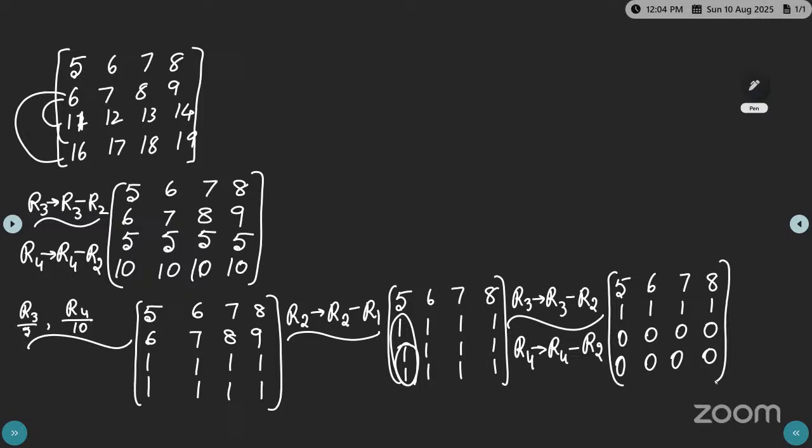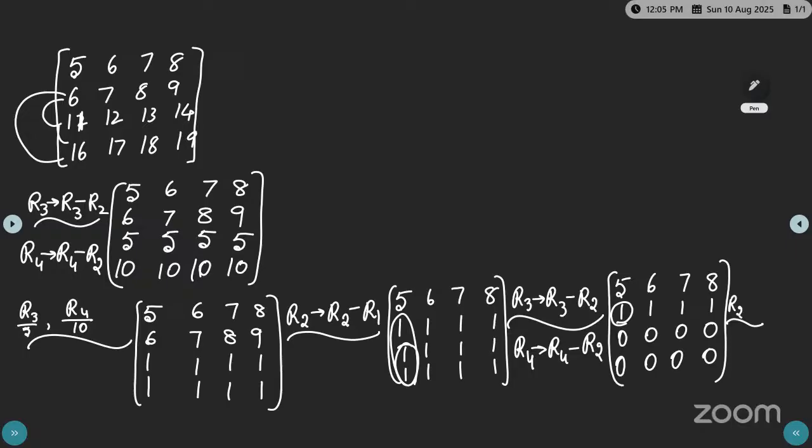How many non-zero, non-equivalent rows are there? If you want, you can make this one also 0, though it is not at all required.